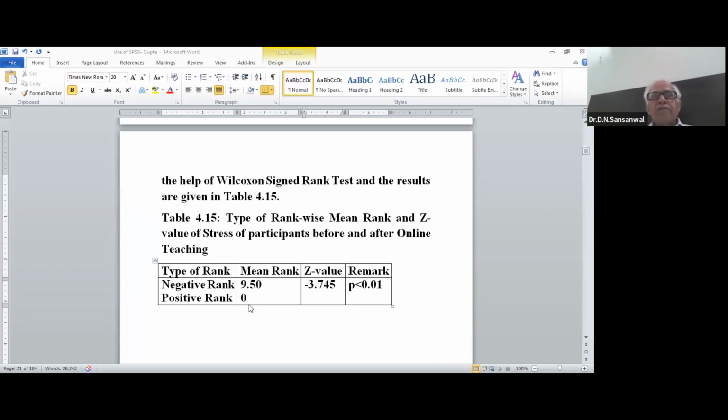That means this treatment with online teaching did not help in reducing the stress. So this treatment is not appropriate for managing stress, because the stress is high.